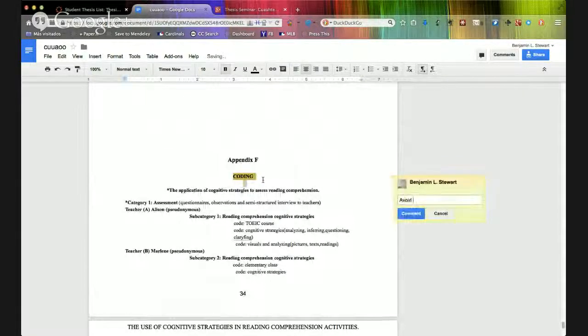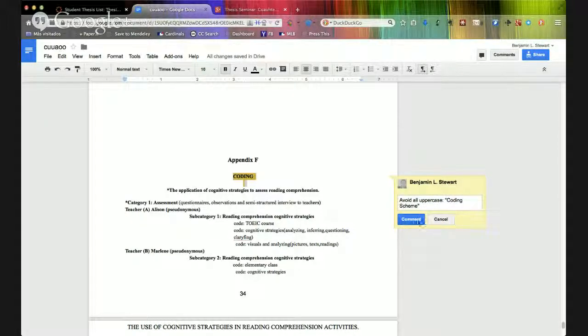Avoid this. I would call this coding. Coding is also going to be included in the final grading paper. Yes. Yes.